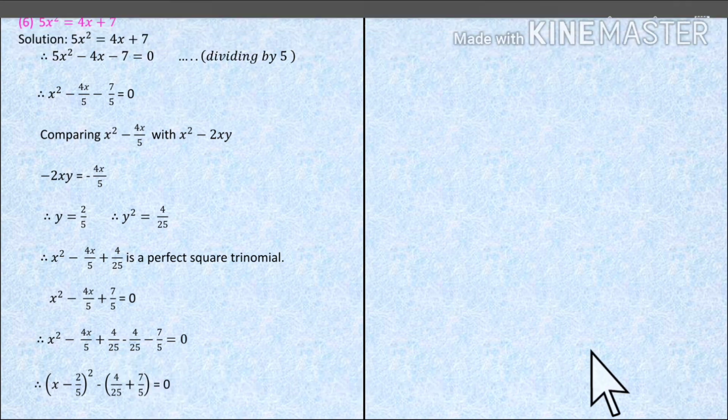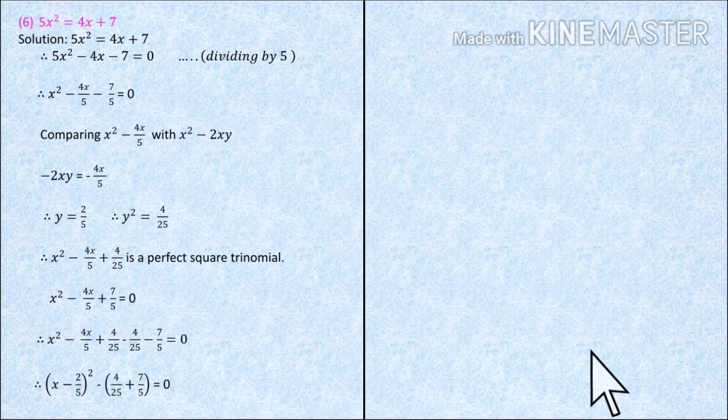Here the second bracket denominator is not the same. So next step, make the denominator the same and add the terms in the second bracket. Therefore first bracket as it is, (x minus 2 by 5) whole bracket square minus, here to make the denominator the same we have to multiply the second term, that is 7 by 5, by 5. So after multiplying by 5 we get (4 plus 35) upon 25, which is equal to 0.